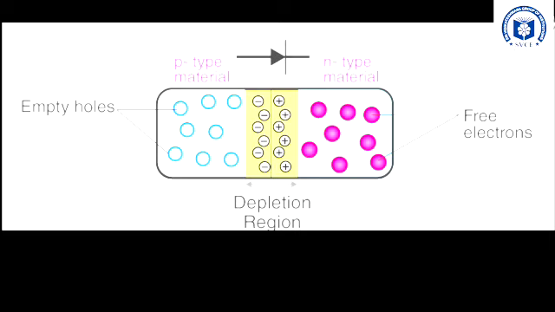On the other side we have donor impurities. They donate electrons, so they leave electrons, and the region in between is where electrons and holes destroy each other, causing a depletion region. This depletion region acts like a barrier, and it does not allow further diffusion and recombination of electrons and holes.